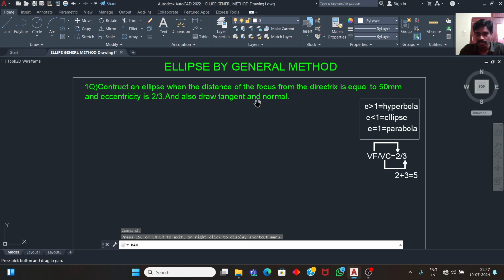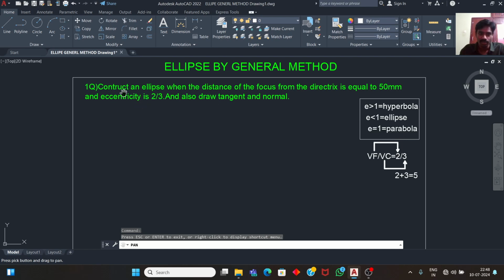As in the earlier video, I have explained about these three. If the eccentricity value is greater than 1, the curve will be a hyperbola. If the eccentricity value is less than 1, the curve will be an ellipse. If the eccentricity value is equal to 1, the curve will be a parabola.